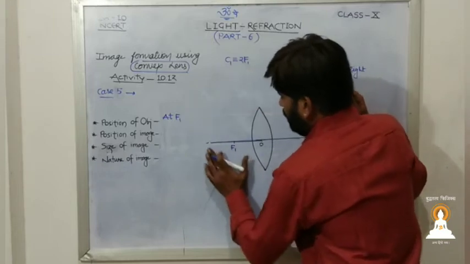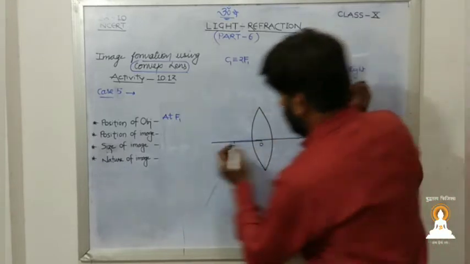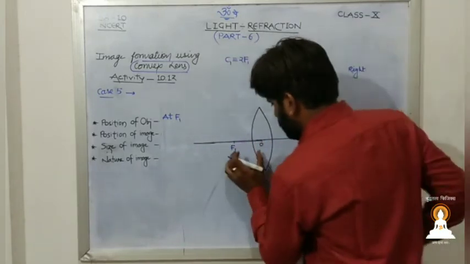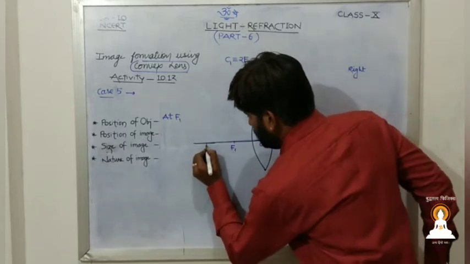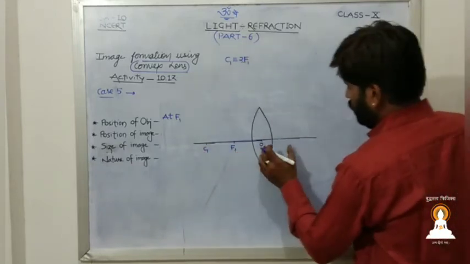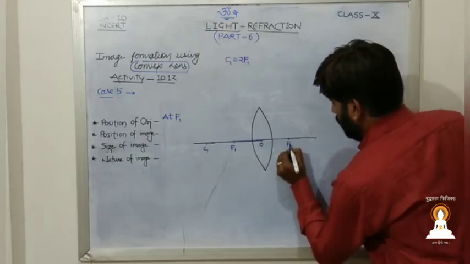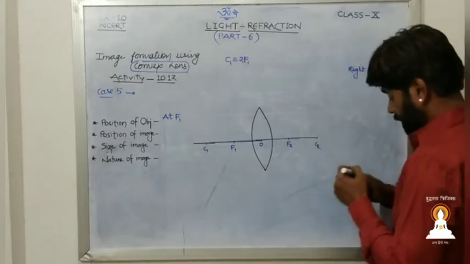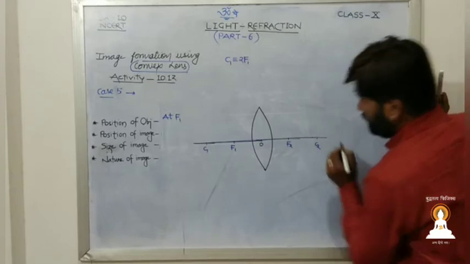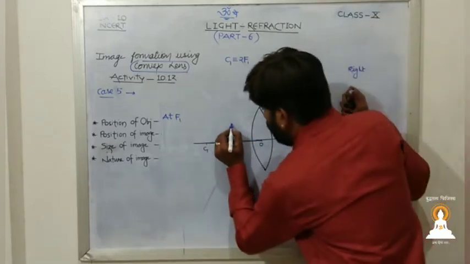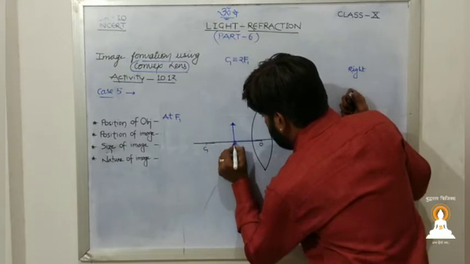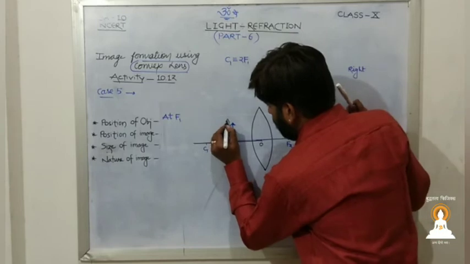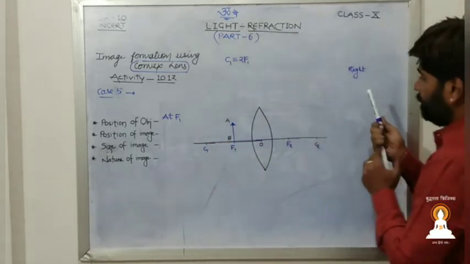Almost equal distance. Every time we are going to see this. So this is OF1, F1C1, and OF2, F2C2. This time the object we are going to place is over F1, and the object name is AB. Let us apply rule number 1.